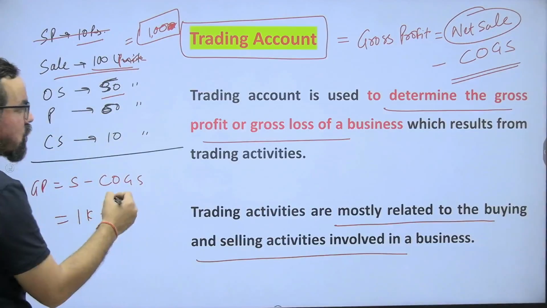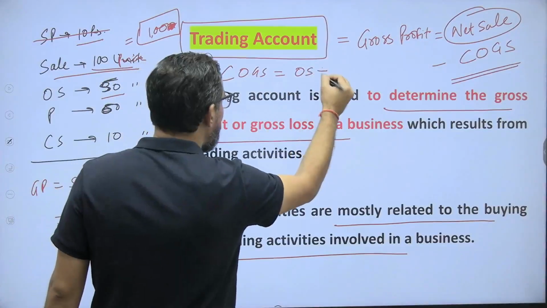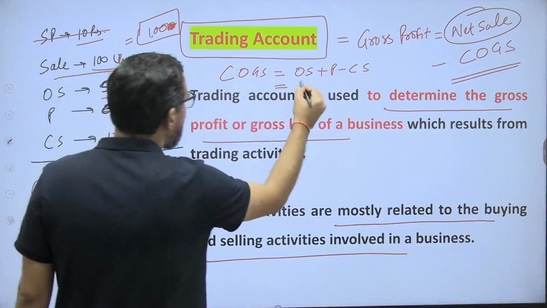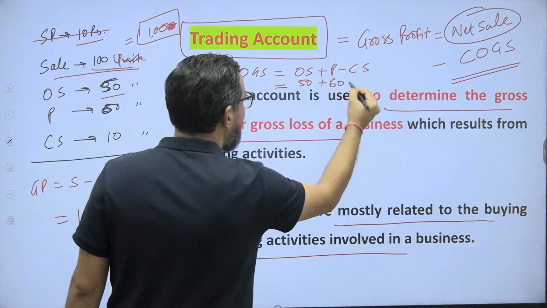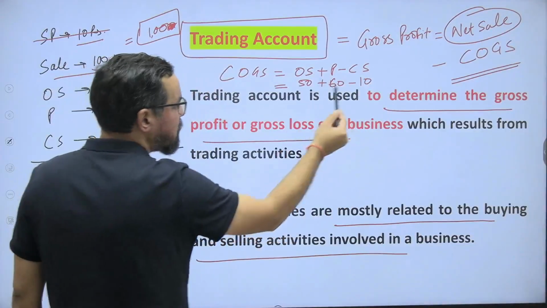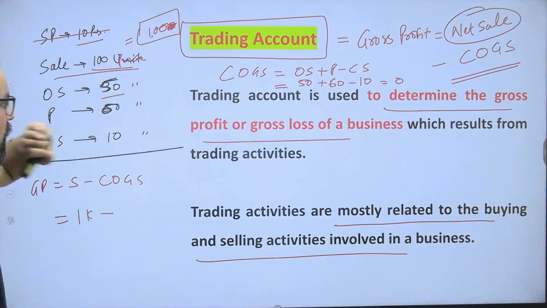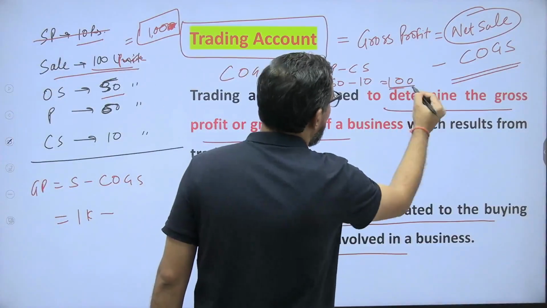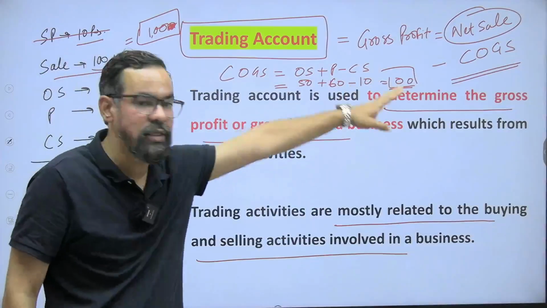So cost of goods sold is equal to opening stock plus purchase minus closing stock. So now opening stock is how much? 50, plus purchase is how much? 60, and minus closing stock is how much? 10. So it becomes 100. 110 minus 10, it becomes 100.